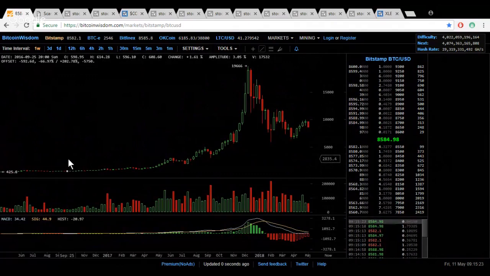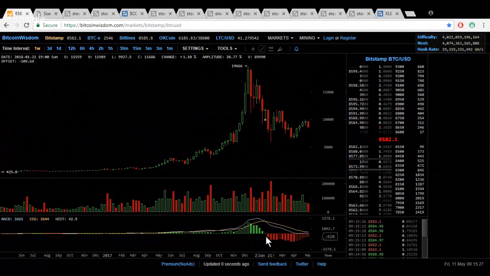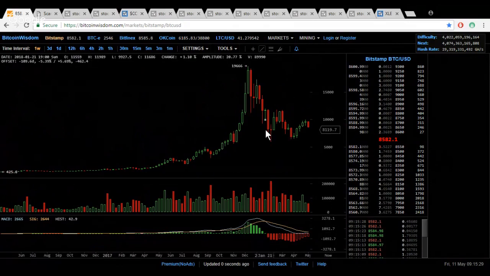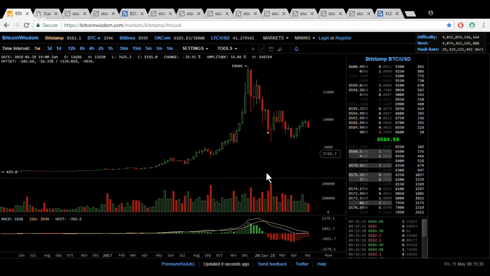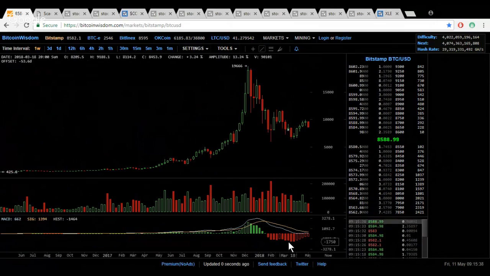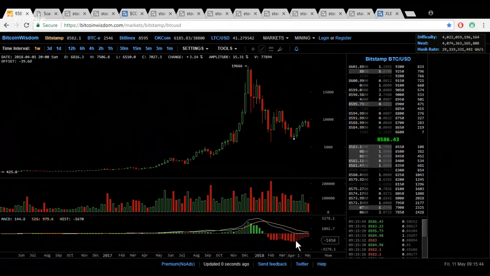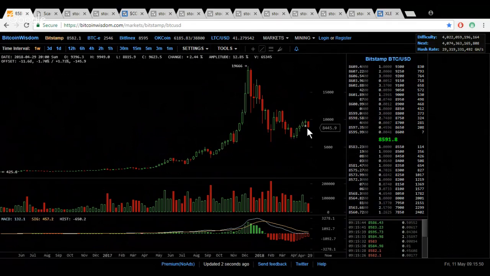The MACDs on a weekly basis turned negative a long time ago when we tested the phase 3 line and have been negative ever since. It is true that the histogram has been getting less bearish for the last 5 weeks until this candle.